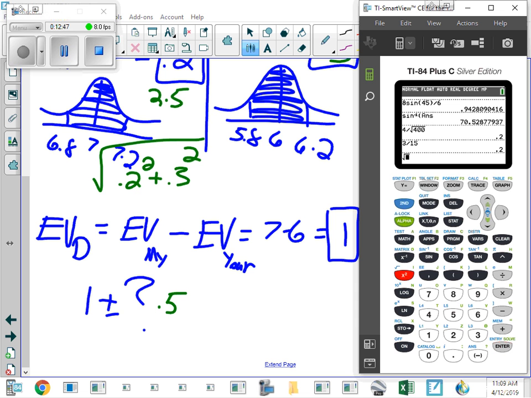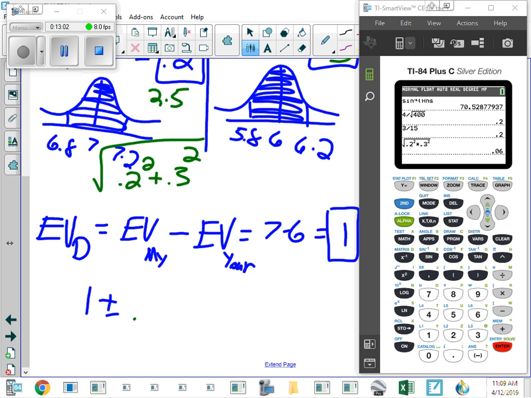So the square root of 0.2 squared plus 0.3 squared, we end up with about 0.36. Okay? So the 0.5 was way too big. The 0.25 was too small.